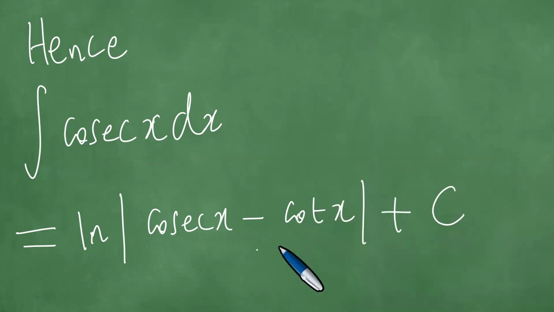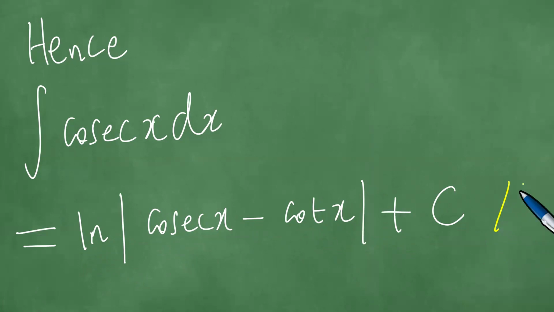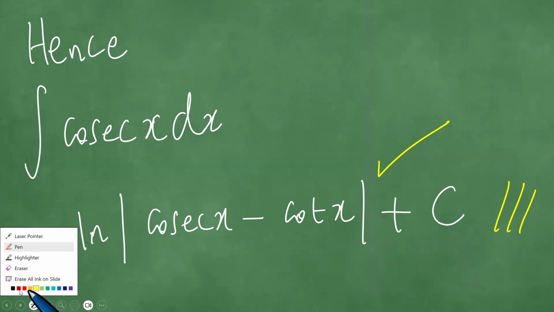Okay, so we just take note of this. Right, and so this concludes the first part. We had to just find the integral of cosecant of x with respect to x, and it is nothing other than the natural log of cosecant of x minus the cotangent of x in modulus plus the arbitrary constant of integration c.